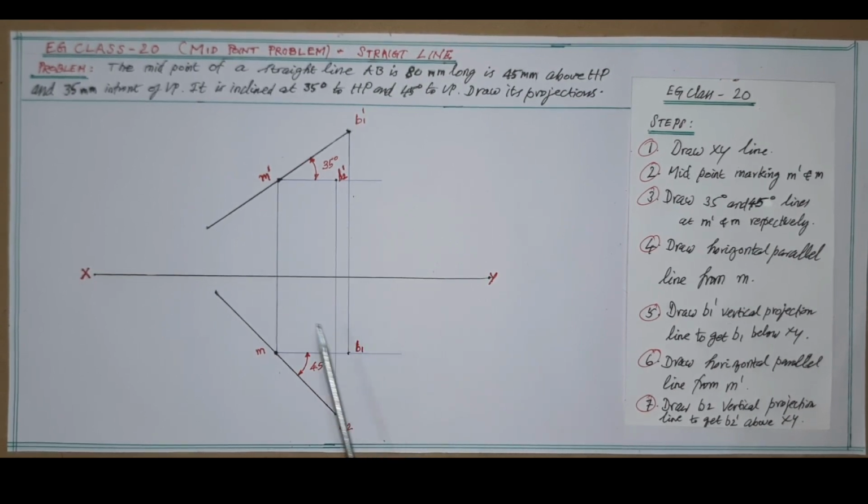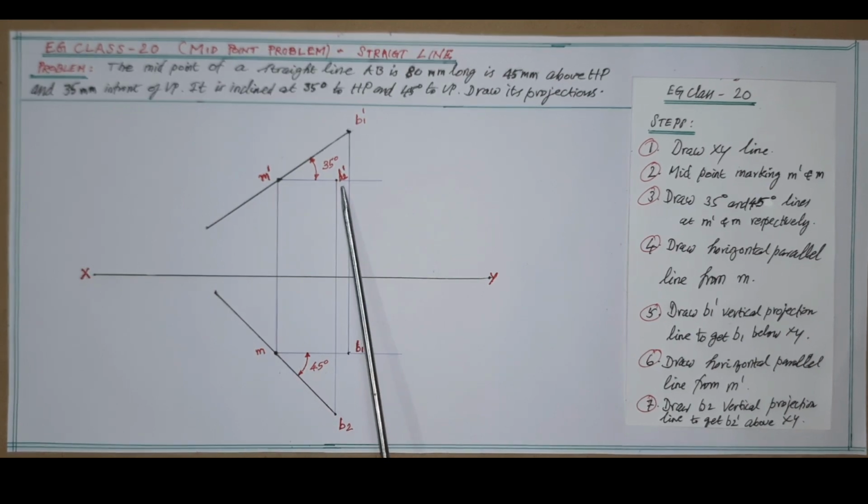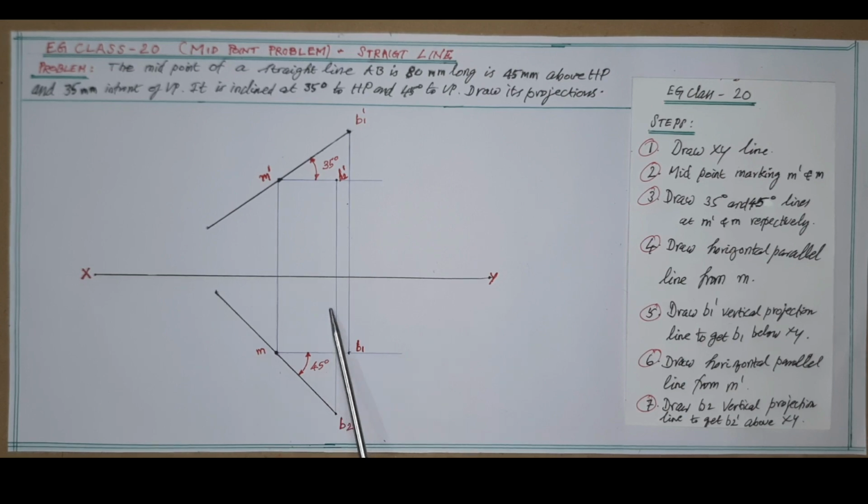Next, as per step 7, draw the vertical line from B2 up to XY where it meets the horizontal line, and mark it as B2 dash as shown. This B2 dash is the imaginary position of original image B dash.